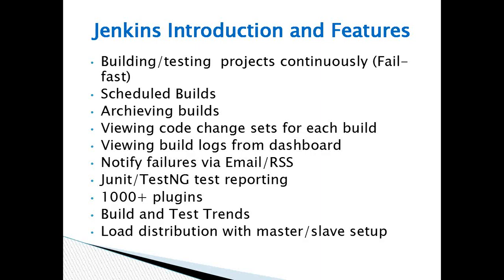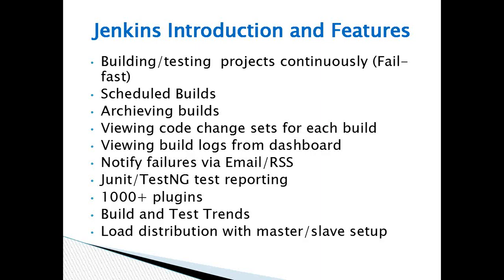In case of build failures or test failures, you can easily identify which source files were modified. Instead of going to the Subversion log to identify the issue, you can directly check from the Jenkins dashboard what changes happened from the previous build to the current build, and you can view the build logs from the dashboard itself.